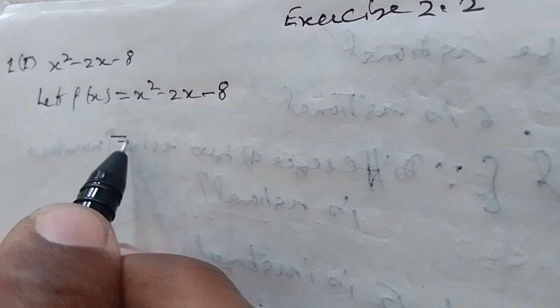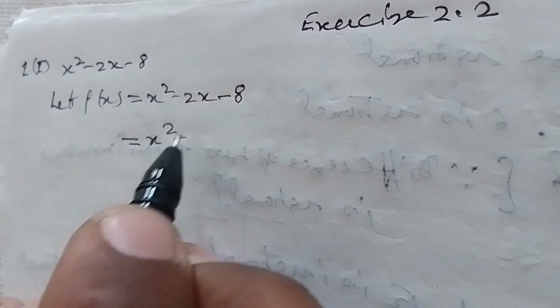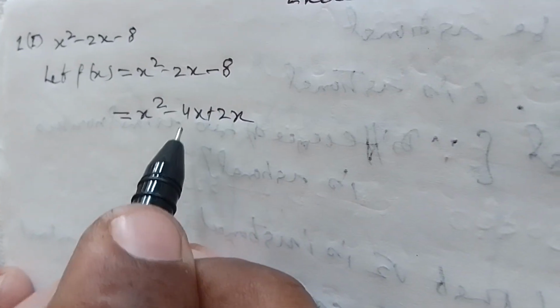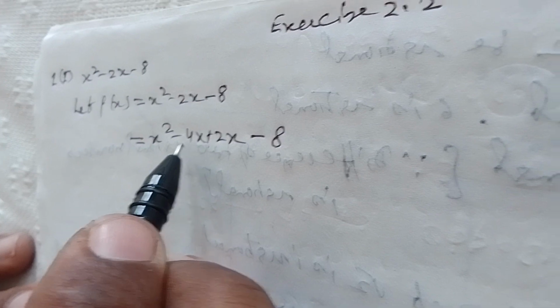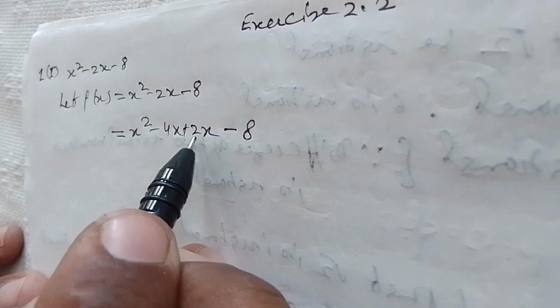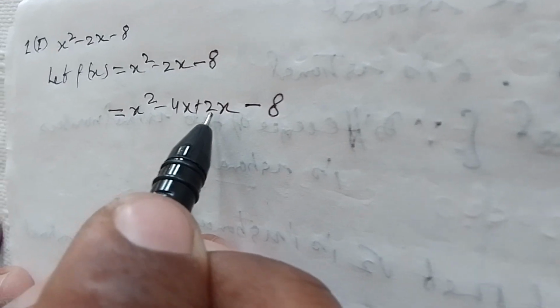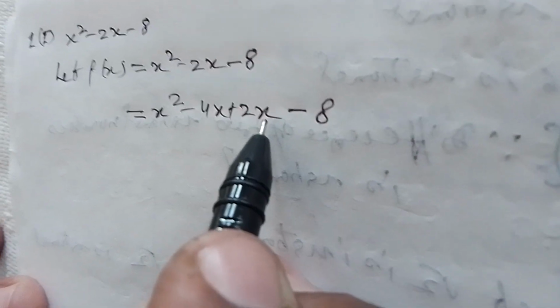Now x square minus 4x plus 2x minus 8, we have broken minus 2x into minus 4x plus 2x. The sum of minus 4x plus 2x comes out to be minus 2x, and the product of minus 4x multiplied by 2x comes out to be minus 8.